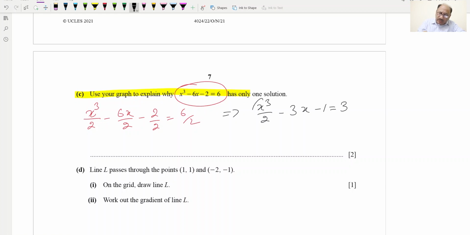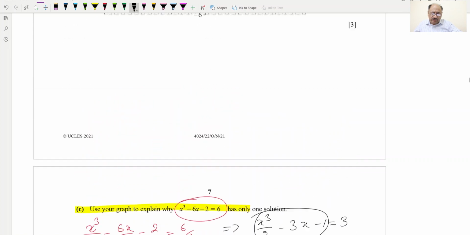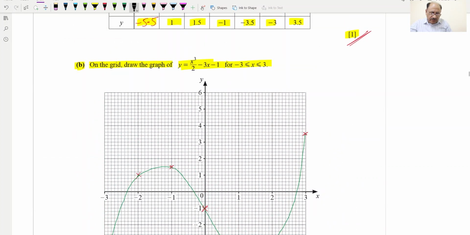And this left side is our y. So we can write y is equal to 3. And if we draw the line y is equal to 3, it is this line, which you can see is intersecting only at one point.